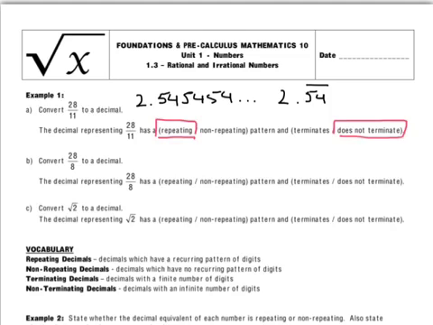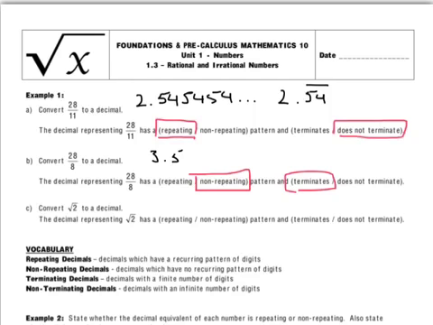Example B, convert 28 over 8 to a decimal and we get 3.5. So this decimal is non-repeating and it terminates. Alright, let's look at the last example 1C.